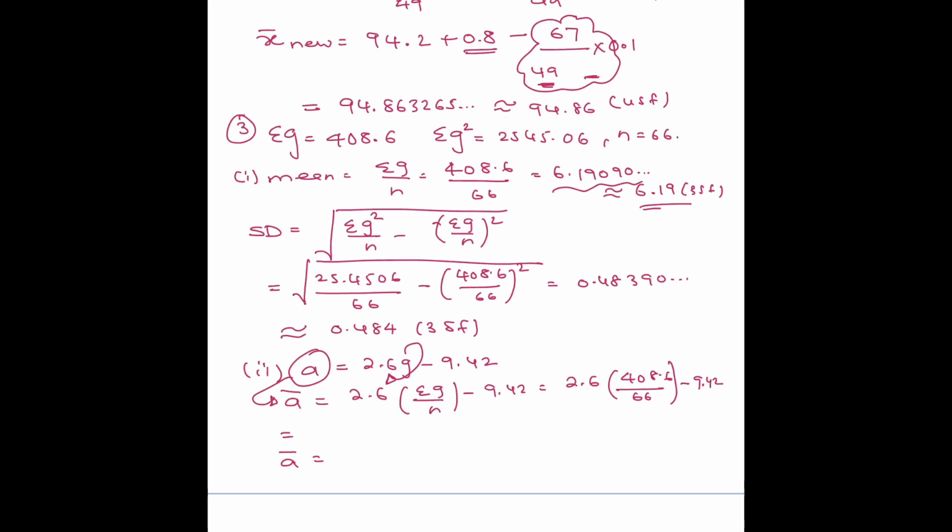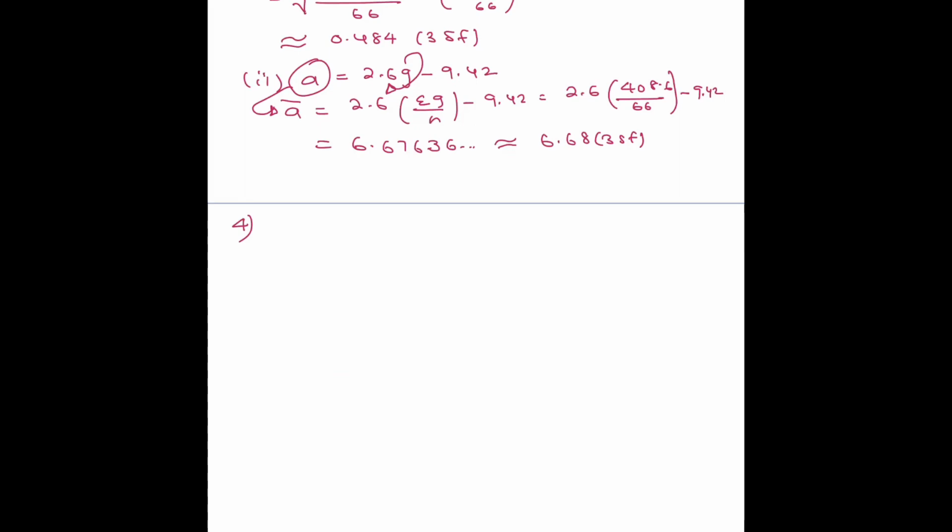Let me check the calculator. This is 2.6 times 408.6 divided by 66 minus 9.42, and I get 6.67636, approximately 6.68 to 3 significant figures.